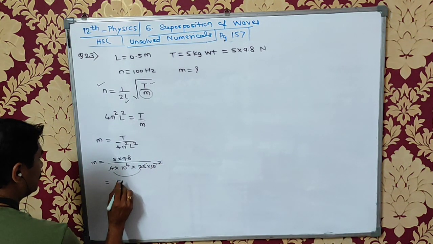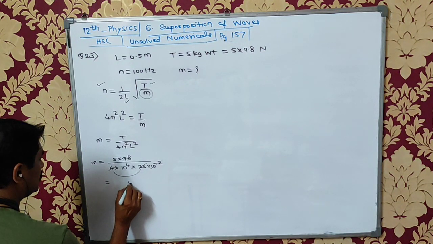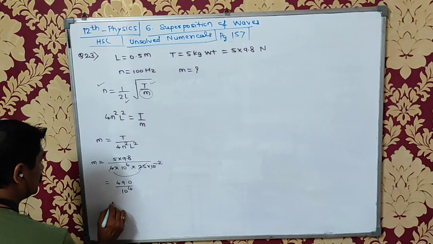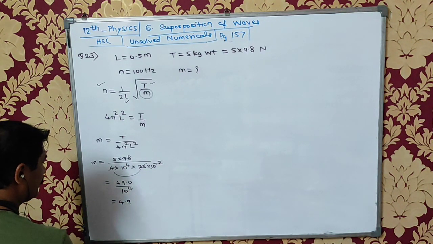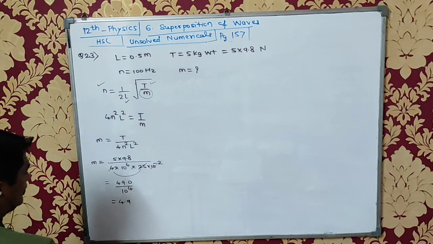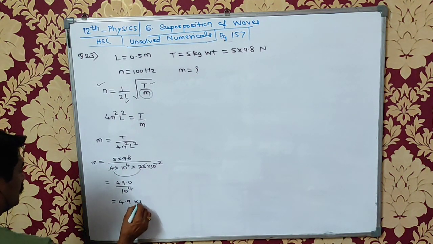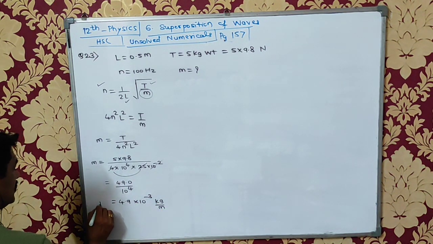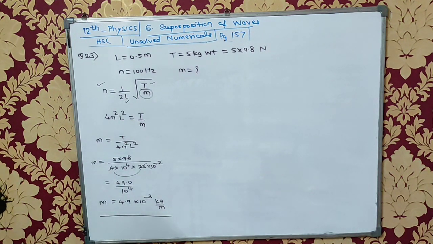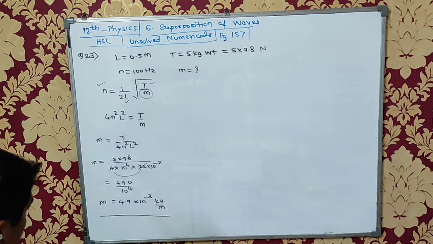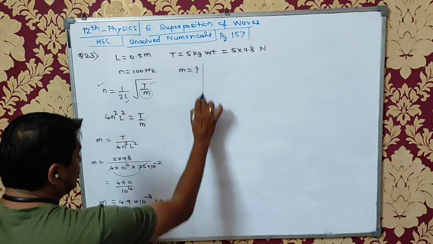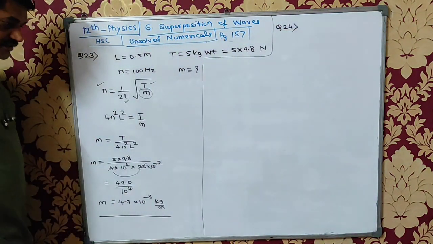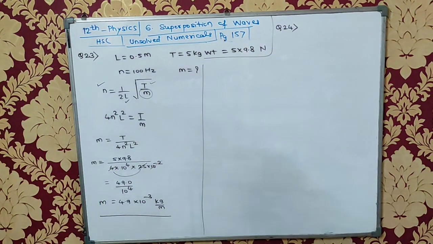So this is 5 into 9.8, 49 upon 10 raised to 4, which is 4.9 into 10 raised to minus 3 kg per meter, that is the mass per unit length. This is called as linear density. Is this clear to all? Check if it is clear to all. This was very simple, formula substitution and answer type of question.